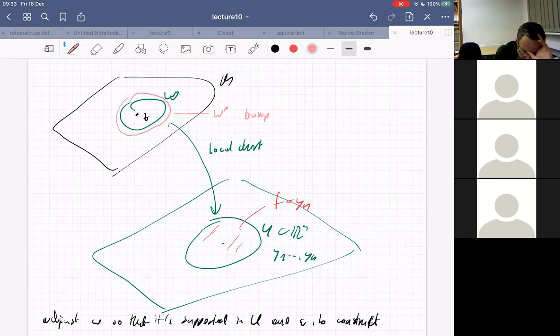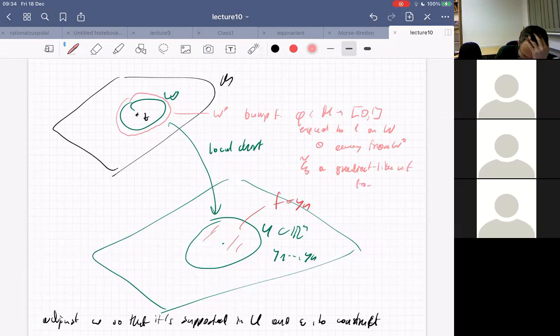Take a bump function phi from M to [0, 1], equal to 1 on W0, and psi tilde a gradient-like vector field for f tilde on W0.